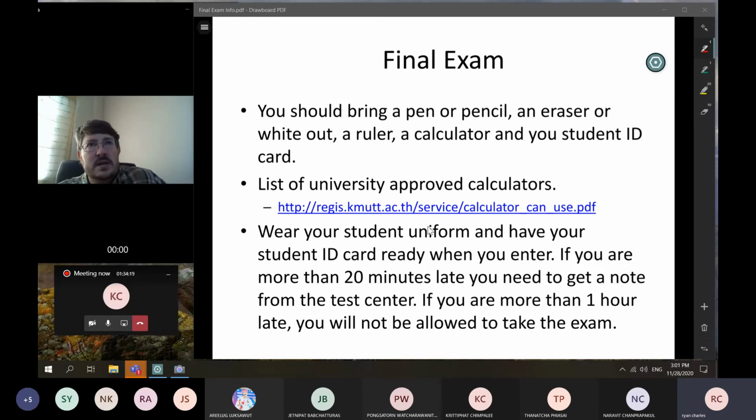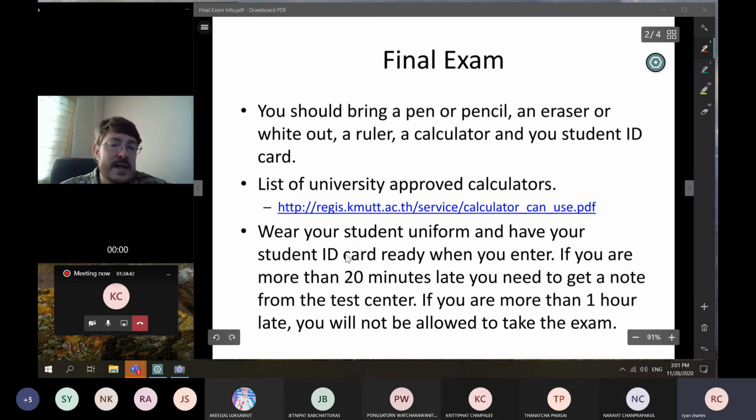Each exam is proctored by 2 or 3 professors you've probably never met. It's usually random, right? They don't know you, they don't care. Some of them like to be a pain if you're not wearing a uniform, if you're not tucking your shirt in, stuff like that. So wear your uniform, all right?